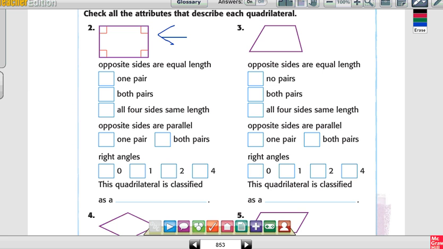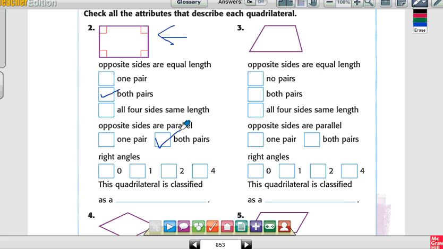Okay, look at number 2. It says choose all the attributes that describe each quadrilateral. Opposite sides are equal length. Yes, it is. It has 2 pairs that are equal length, and both pairs are parallel as well.